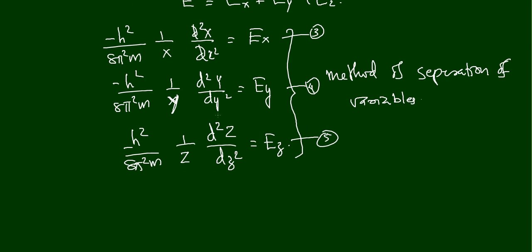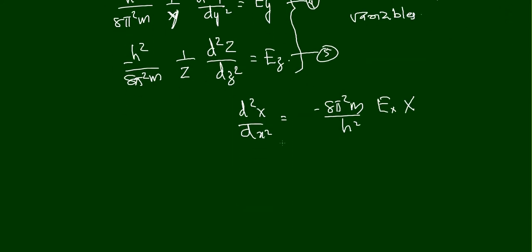We can rearrange this equation like d square X by dx square is equal to minus 8 pi square m by h square into Ex into X. We can rearrange it again like d square X by dx square plus 8 pi square m Ex by h square into X is equal to 0.